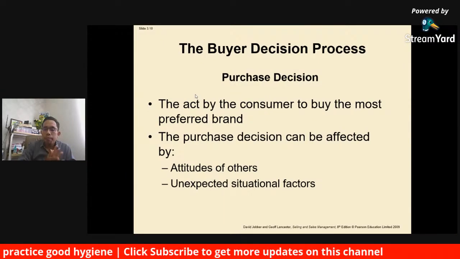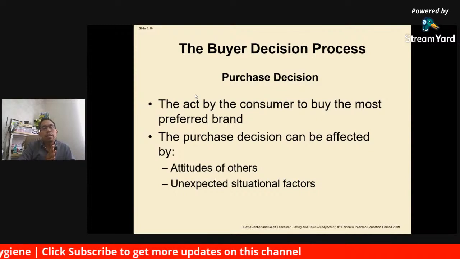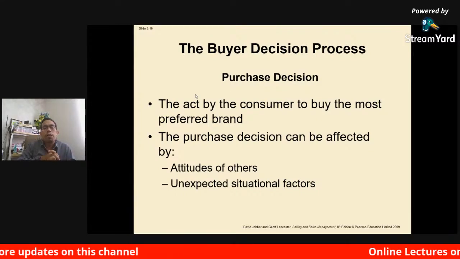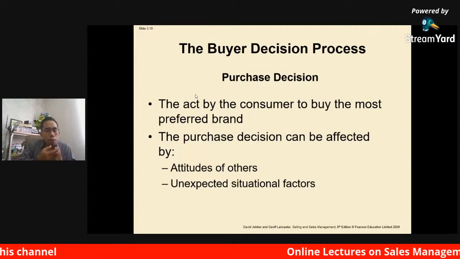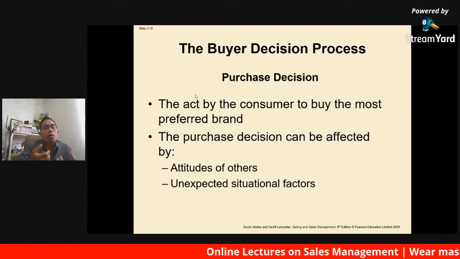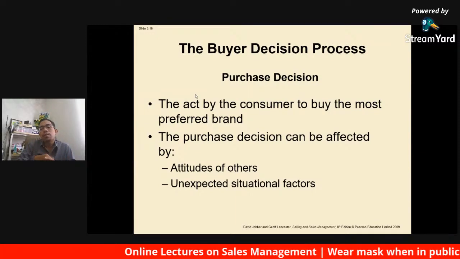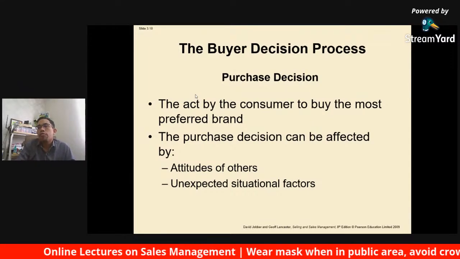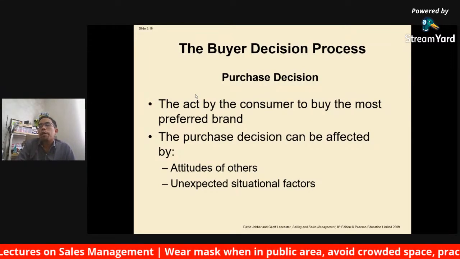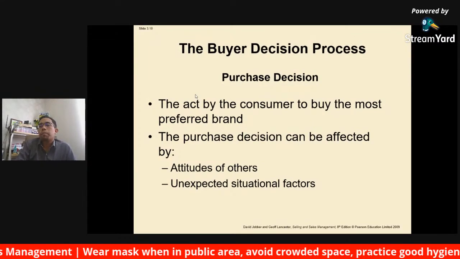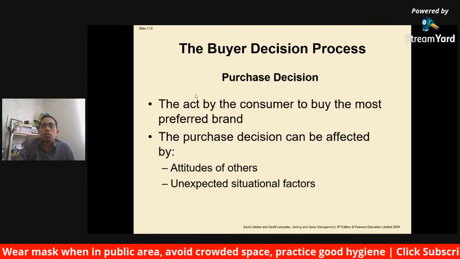So these are what we call the major factors that influence how we make our purchase decision. In the act of buying the most preferred brand, the purchase decision can be affected by the attitude of others.